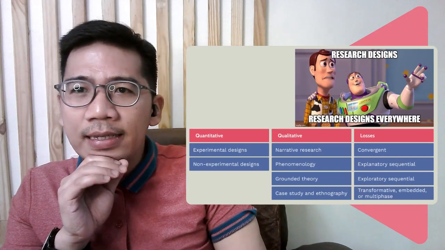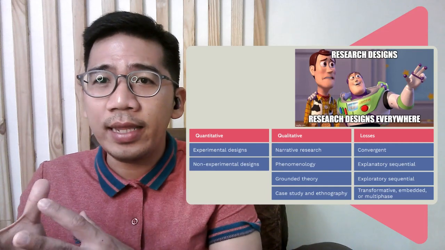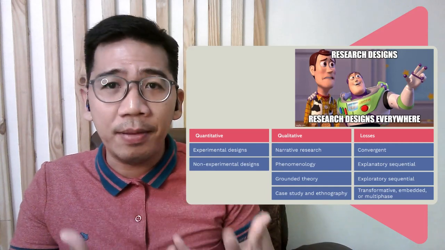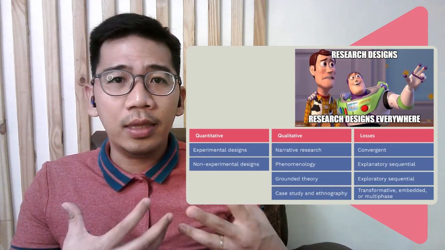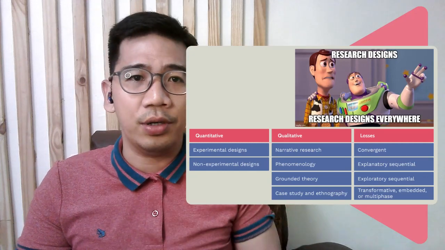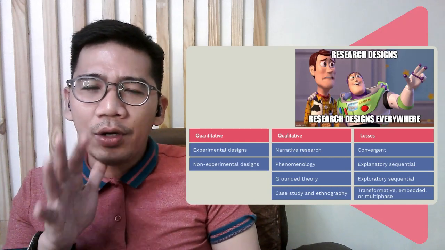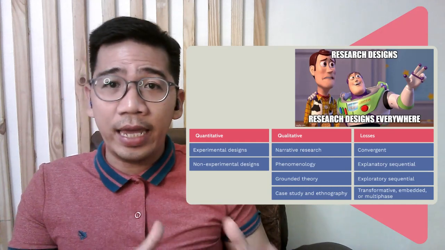Research designs are types of inquiry within qualitative, quantitative, and mixed methodologies, techniques that provide specific direction or procedure in a research design. Others have called them techniques or inquiry.